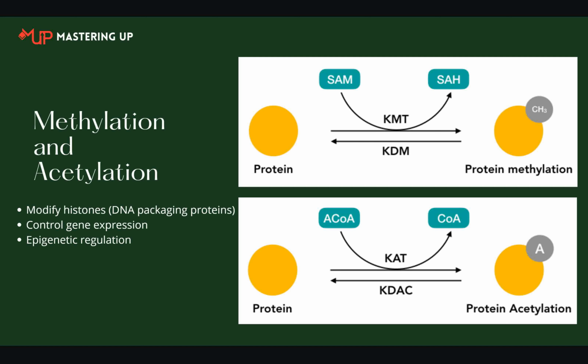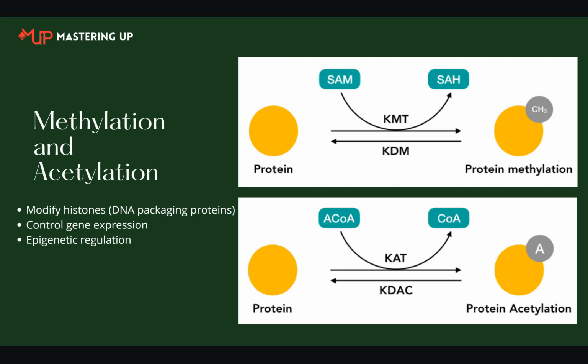By modifying histones, these PTMs can control how tightly or loosely the DNA is wrapped. This in turn regulates which genes are turned on or off. That is the key part of what we call epigenetic control.